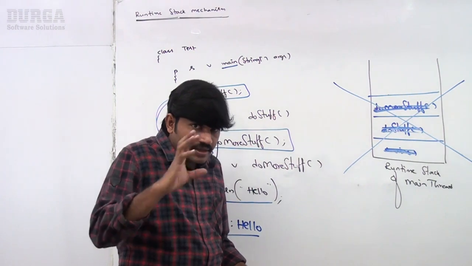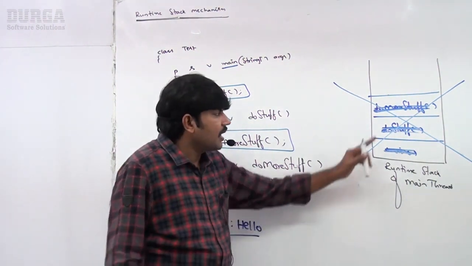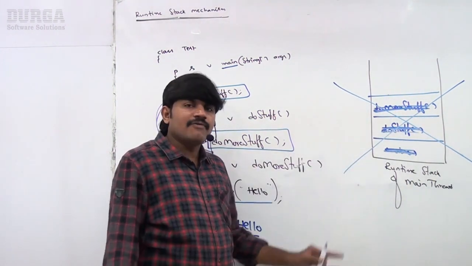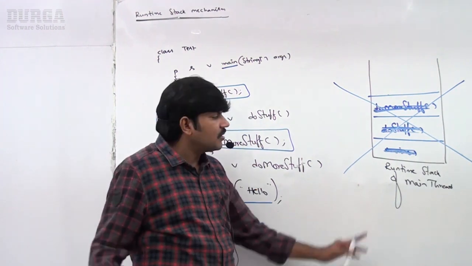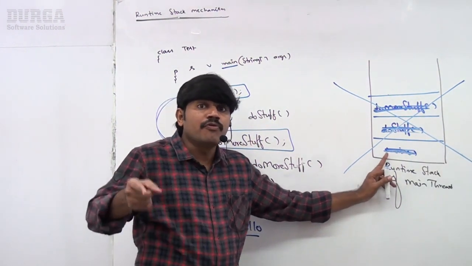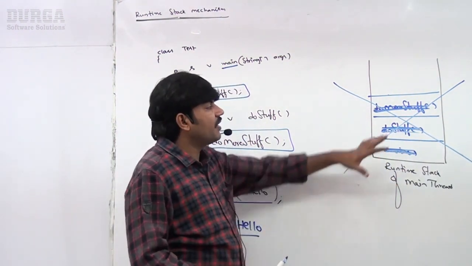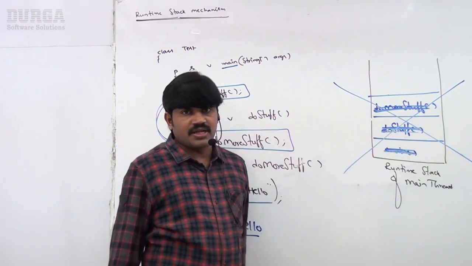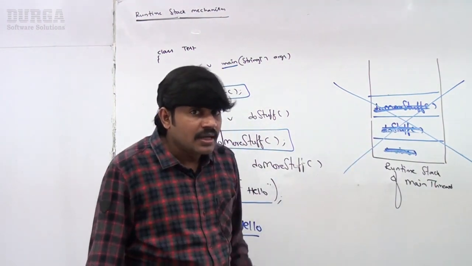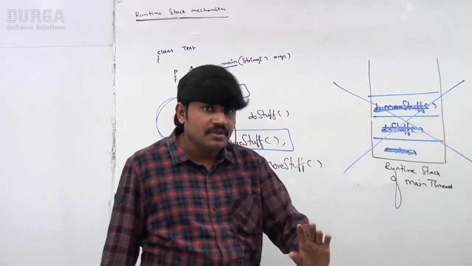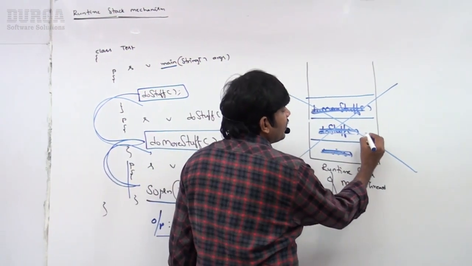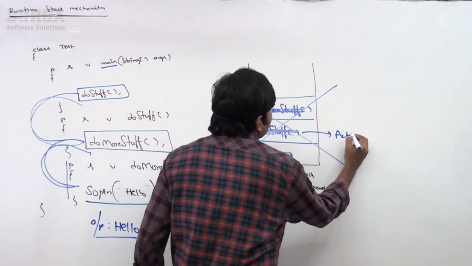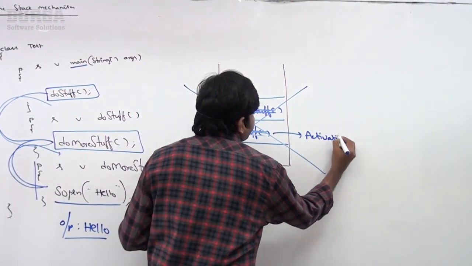Once that method execution is completed, the corresponding entry will be removed. After completing all method calls, the stack will become empty. Before terminating the thread, JVM will destroy the corresponding stack. This mechanism is nothing but the runtime stack mechanism.